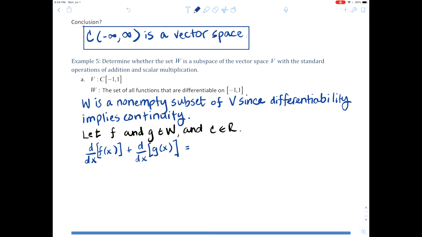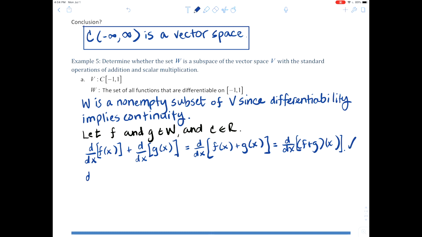Well, this would be equal to d/dx of f of x plus g of x, by properties of derivatives, which in turn is equal to d/dx of f plus g at x. Make sense? So we have closure under addition.